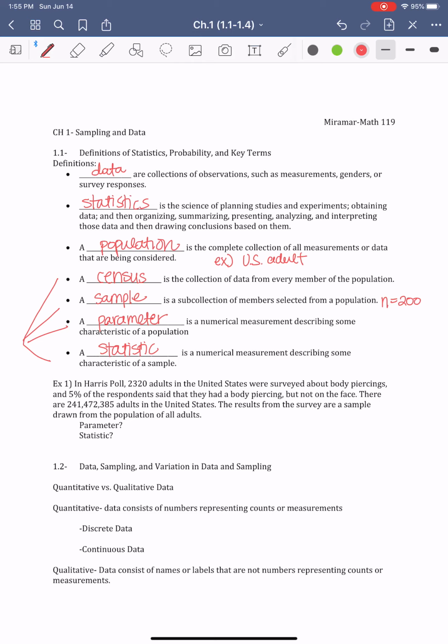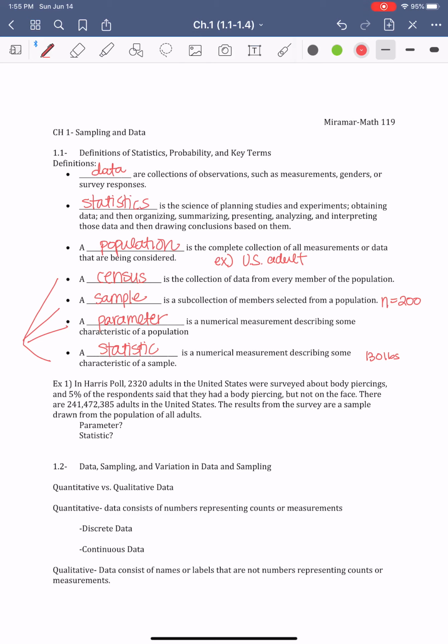So you gather 200 data points and then average them and find that female US adults weigh about 130. Okay, I'm just making up a number, 130 pounds. So that's a statistic, a numerical measurement describing some characteristic of a sample. We gather that data. Parameter is the numerical data about the whole entire population.